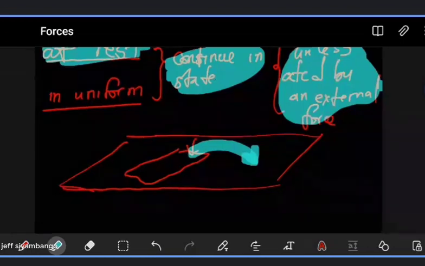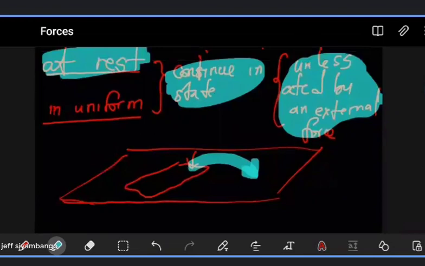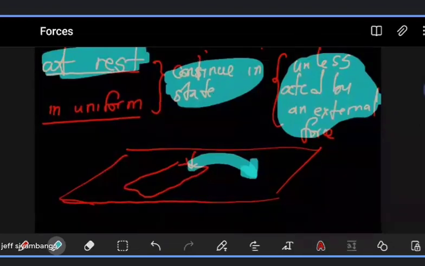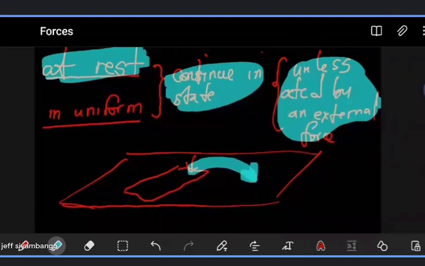So that's typically what Newton's law is all about. If something is at rest, it is supposed to remain in that same position at rest, unless someone else or some other object comes to force it to move. Now, the external force here is not limited to just people.